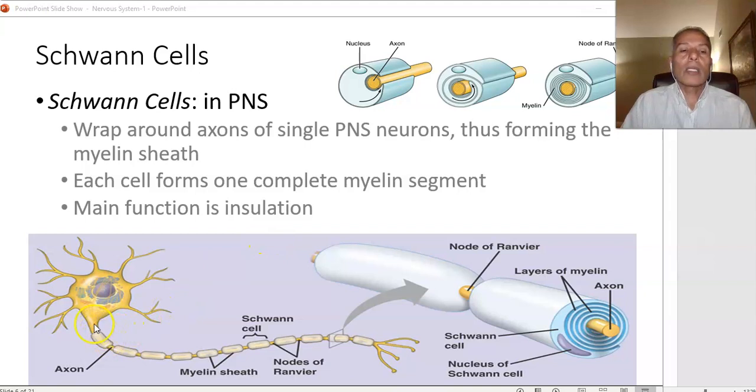The longest axon in the human being is almost 3 feet long, that goes from the waist to the foot. And it needs about 400, one single neuron. So again, the function of the Schwann cells is to produce layers of myelin to insulate axons in the peripheral nervous system.